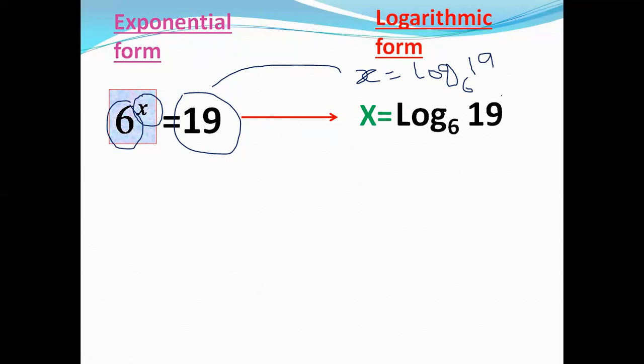I give one more exponential form, that is 7 power x is equal to 10. Now how to find the x value? That means how to convert this into a logarithmic form. First you have to identify in the exponential form what is base, what is power, what is result.